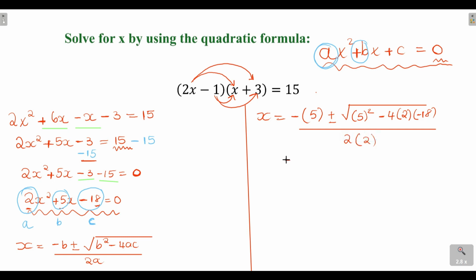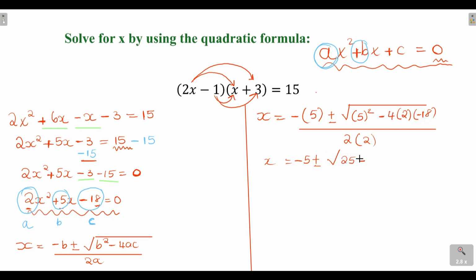You can punch this into your calculator to get x, or you can do this mentally. So you have minus 5 plus or minus the square root of 5 squared, which is 25, minus 4 times 2 times negative 18.